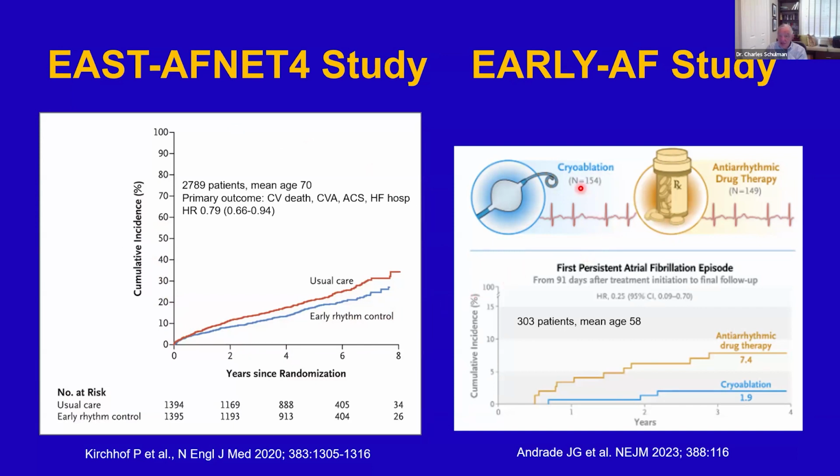This is a comparison of ablation and drug therapy, showing that ablation led to a much reduced incidence of first recurrent AFib episode. So, in a number of studies where ablation was compared to antiarrhythmic drugs, ablation always comes out better.